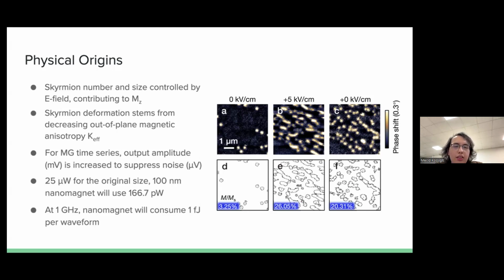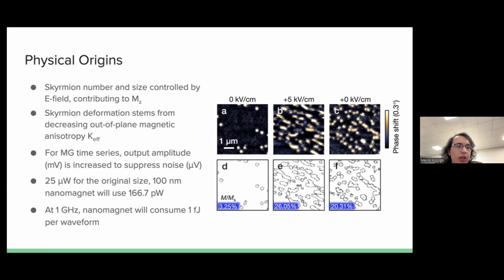This observation is done again by magneto-optical Kerr imaging and using rotating magnetic fields, and this concluded that the effective magnetic anisotropy fields change quantitatively with the applied electric fields, and out-of-plane magnetic anisotropy decreases with heightened E fields, resulting in enlarged Skyrmions. So this is the physical reason behind the Skyrmion enlarging.